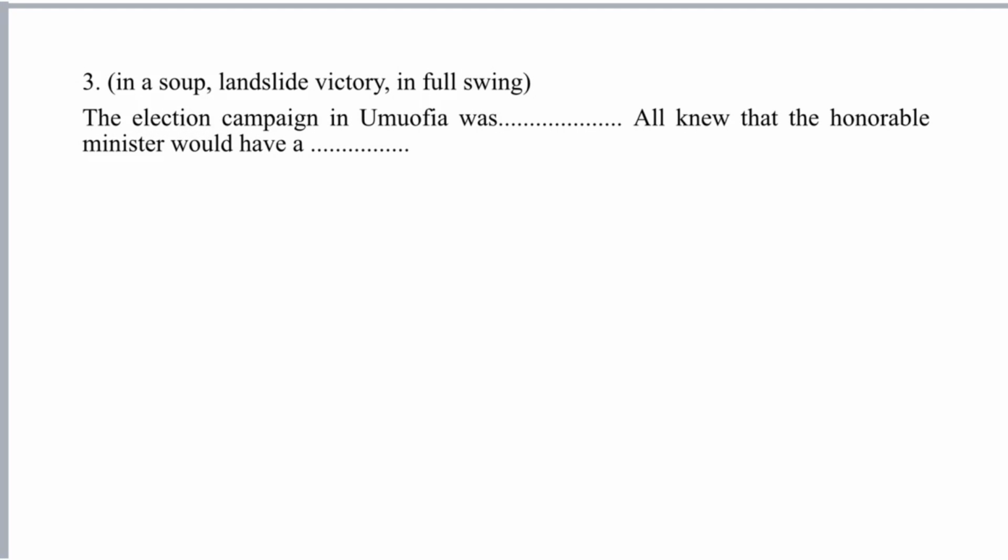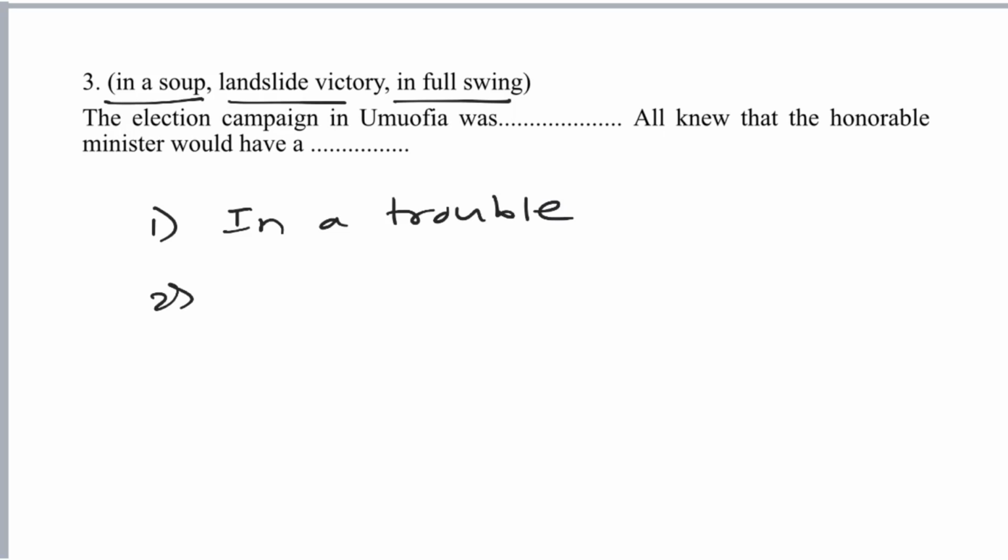We have number 3, a very beautiful idiom: in a soup, landslide victory, in full swing. Let us see what they mean. In a soup means in trouble. You are in some difficult situation. Whereas the second one, landslide victory, means a super majority.